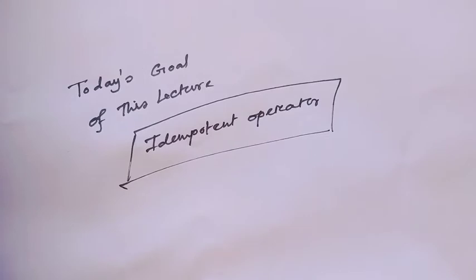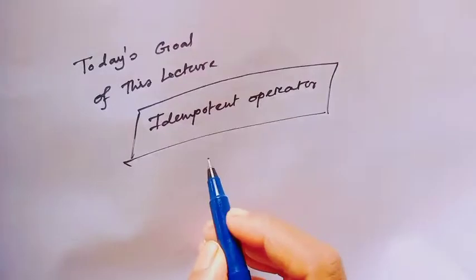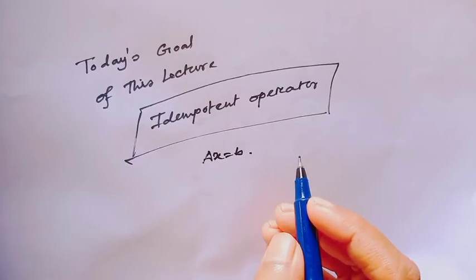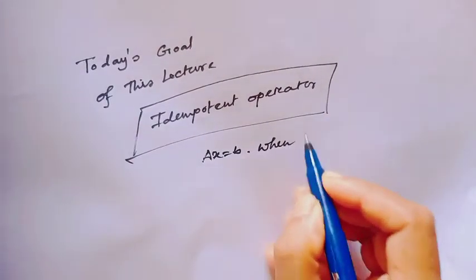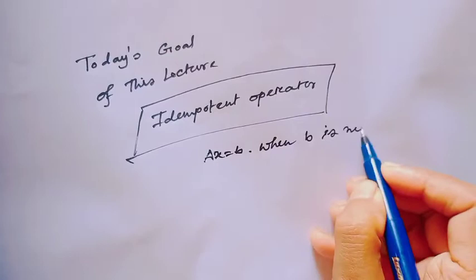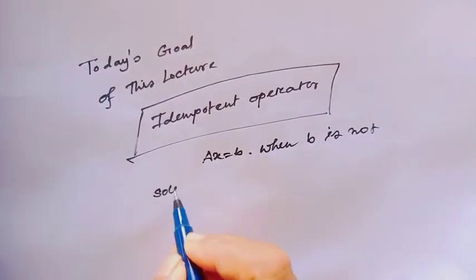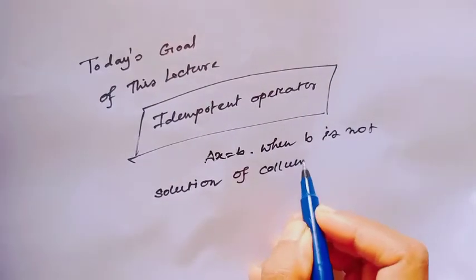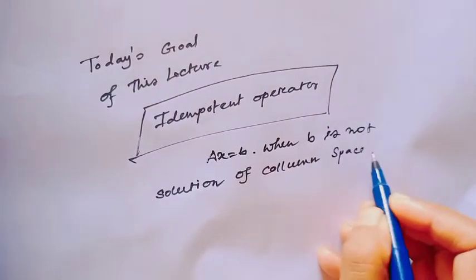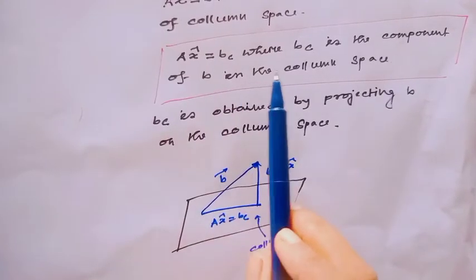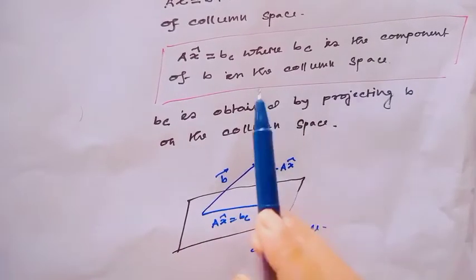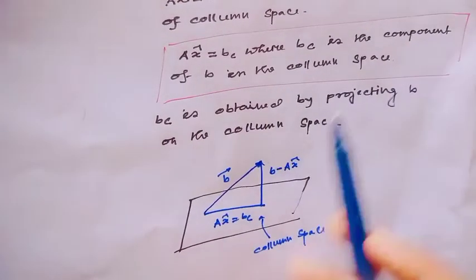What is the idempotent operator? We all know the non-homogeneous equation Ax equal to B. When B is not in the column space, then Ax tilde equal to Bc, where Bc is the component of B in the column space.